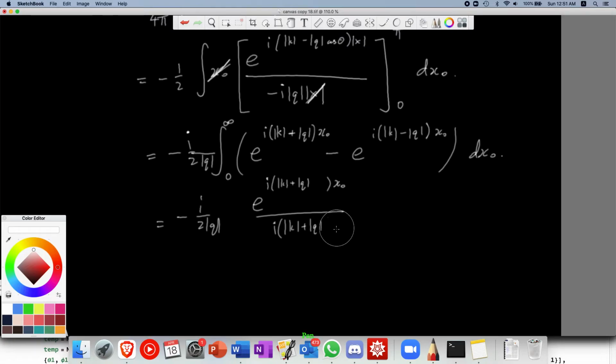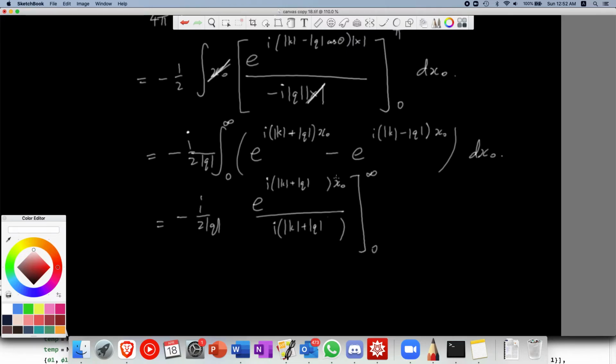But notice that if we try to evaluate this between infinity and 0, then we run into a small problem, because k and q are purely real, which they are, and if we substitute infinity for x naught, e to the power of i infinity is not well defined, because it's sinusoidal and oscillatory, so there's not a well defined value.